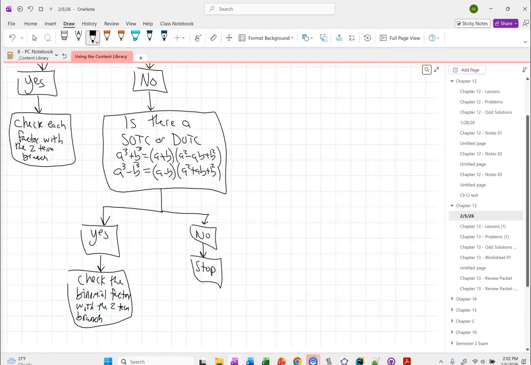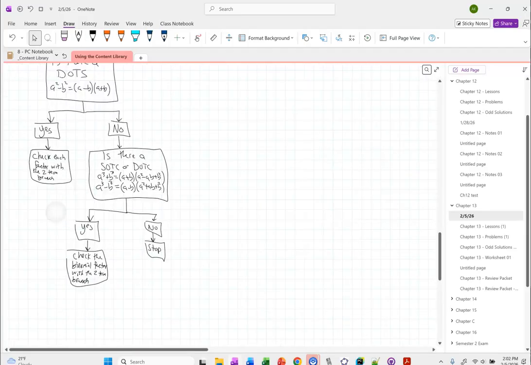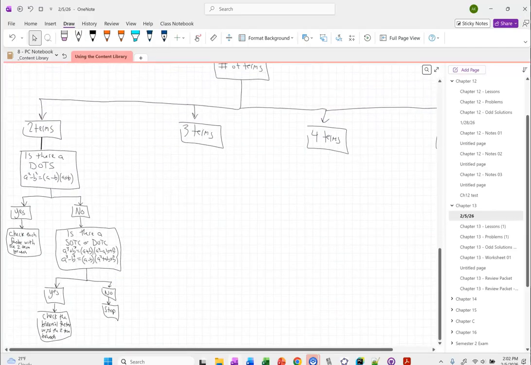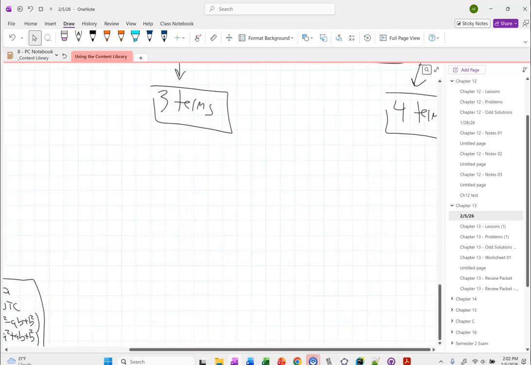Can I go back up to the 3-term branch now? We've completed our 2-term branch of this tree. We're going to go to the 3-term now.